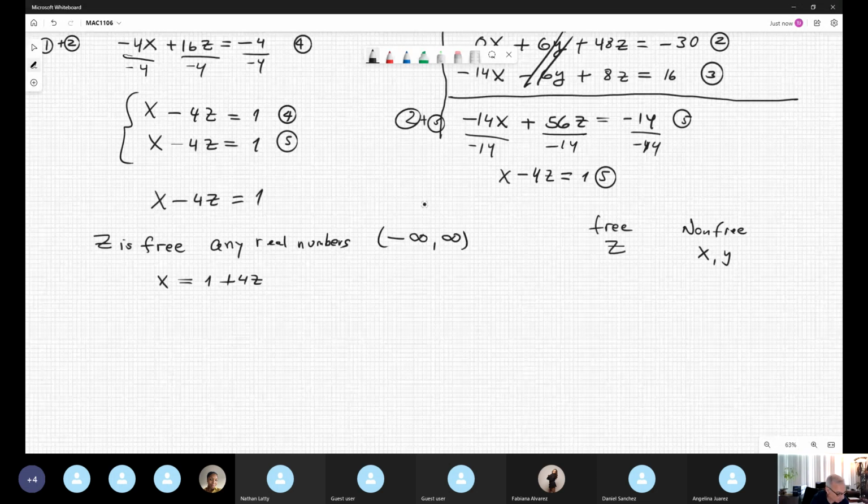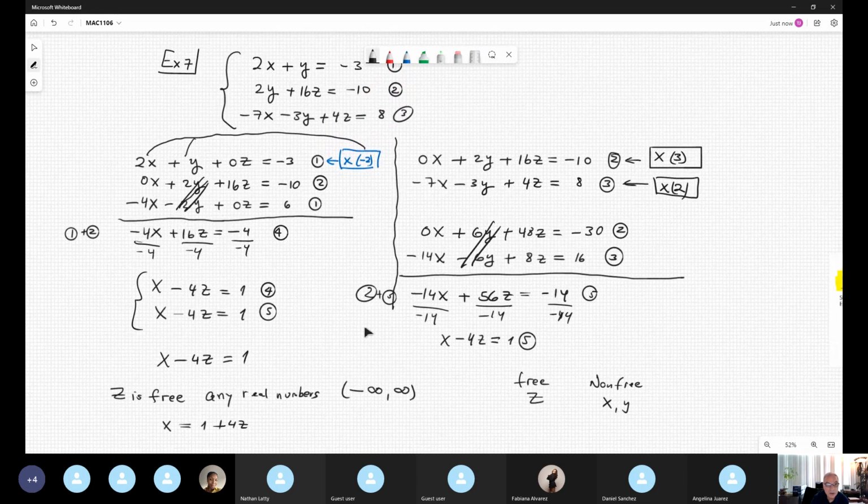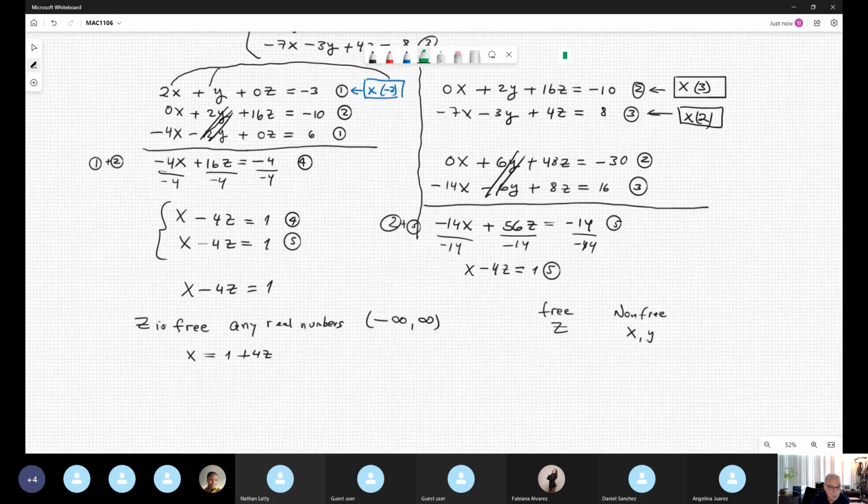Okay, what should I do? Y. Well, y is easy. Because y, I have here, by coincidence, is easy in this problem. Look, take a look. Equation 2 is an equation that contains only y and z. But let me try to do my best. I copy again. It's 2y plus 16z equal minus 10.